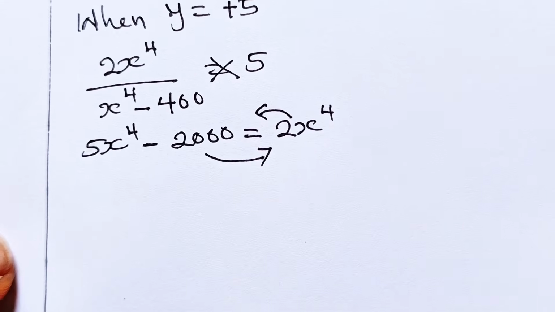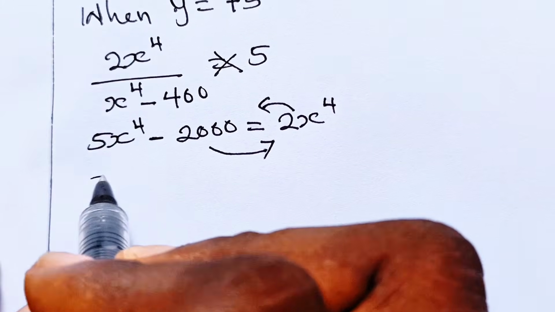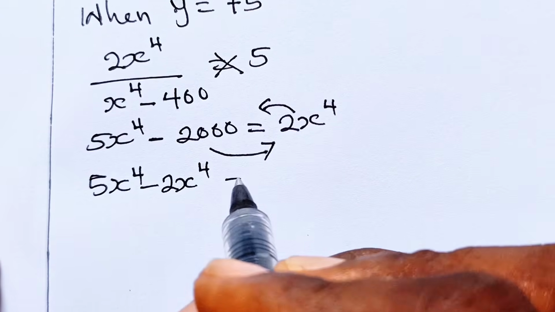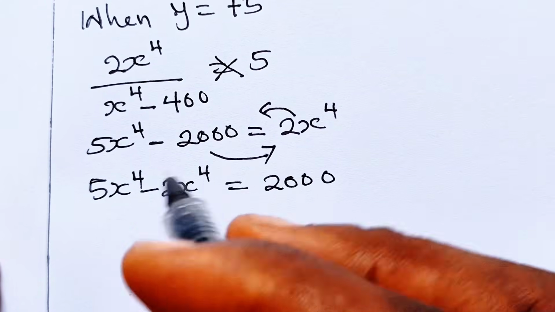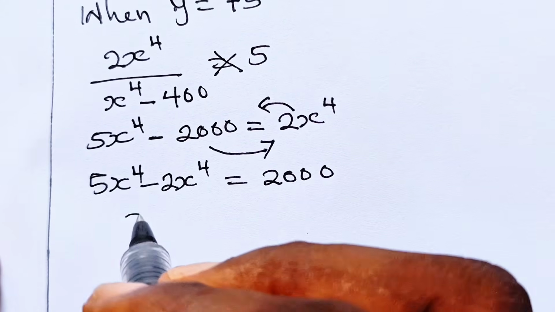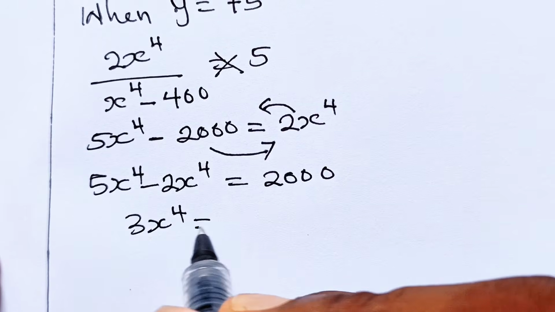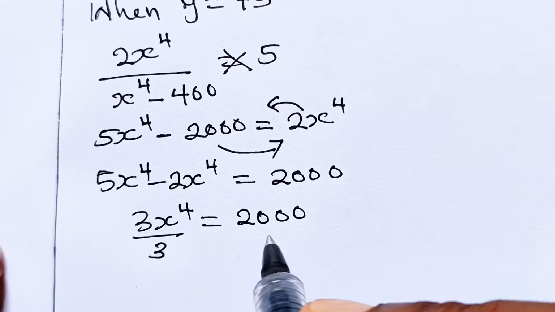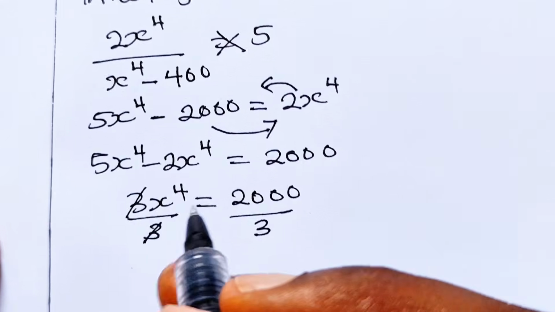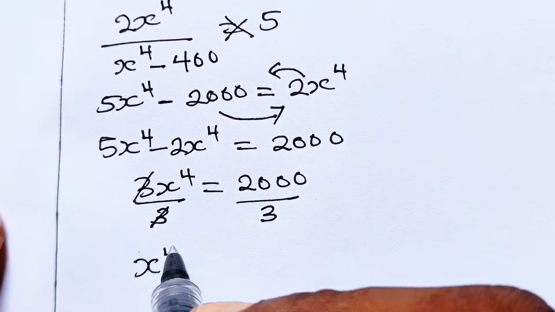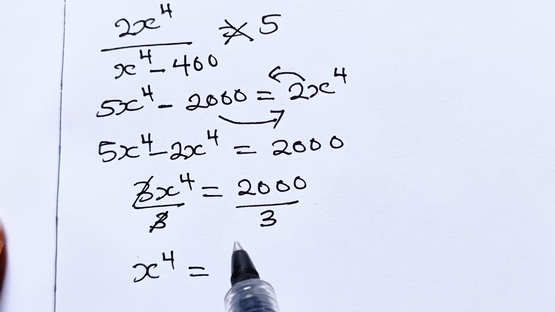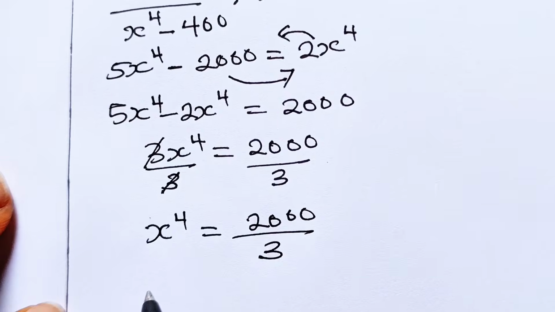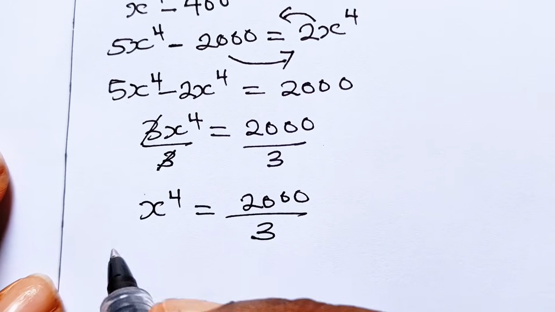So we will have 5x to the power of 4 take away 2x to the power of 4 is equal to 2000. Now this take away that is 3x to the power of 4 is equal to 2000. We divide both sides by 3, so we have x to the power of 4 is equal to 2000 divided by 3.